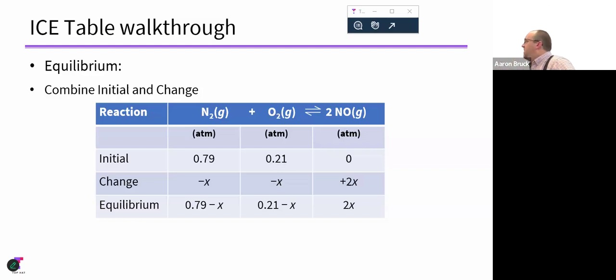Now, on its face here, we still really haven't solved anything yet. We've organized ourselves, but we really haven't done anything yet to try to solve any kind of meaningful question about, well, how much did it actually change? Give me a number. What are the equilibrium pressures? Give me a number. We haven't done any of that yet.